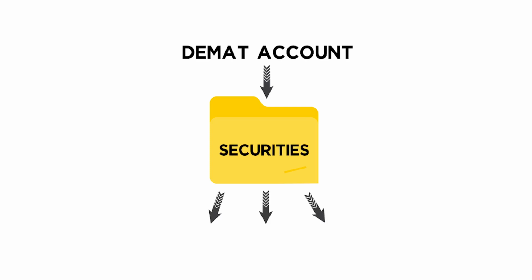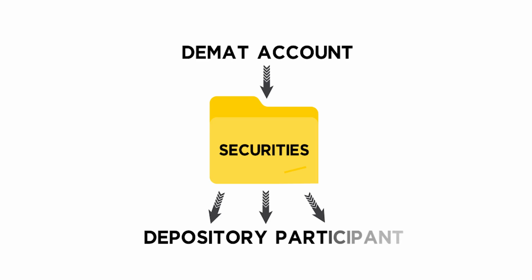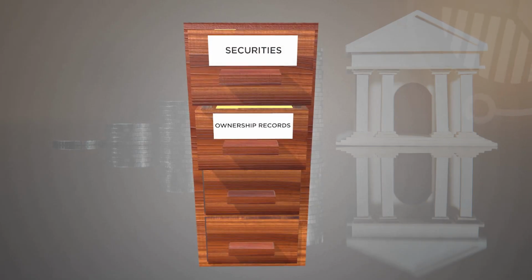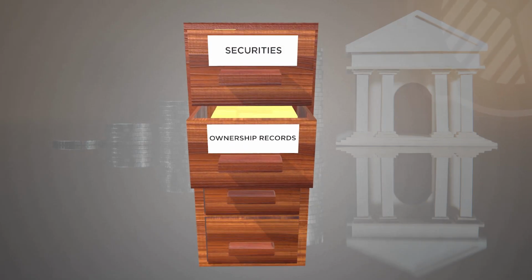You will also need a demat account which holds the securities you own in electronic form. The demat account is opened through an entity called a depository participant, or DP, who must be registered with a depository. A depository is an organization that holds the securities and maintains ownership records.